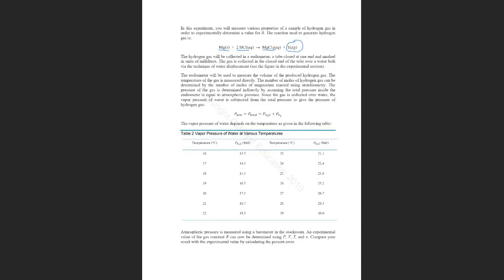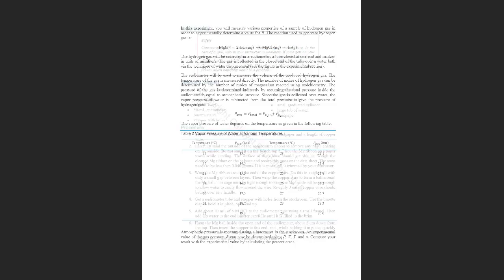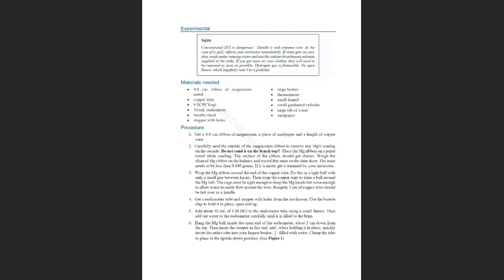That's how we are going to produce the hydrogen gas, measure a few properties, and calculate R. So let's look at the details of the experiment.